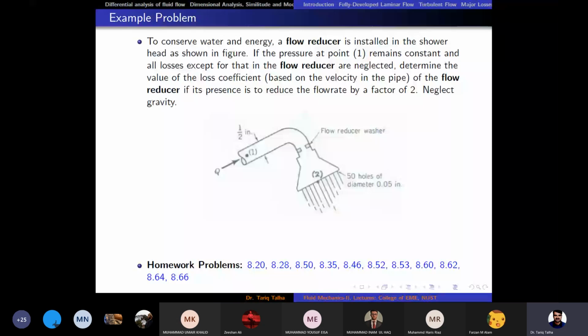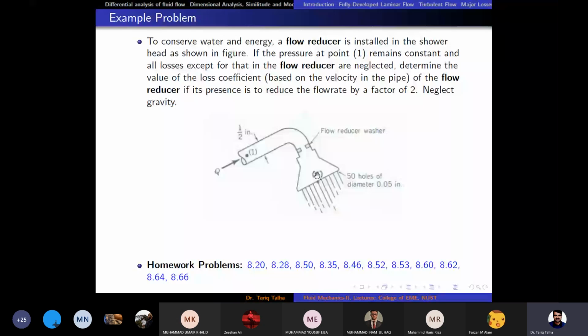Because here they have given the comparison with the situation when there is no flow reducer, first of all we would write the equation for the case when we have got no flow reducer. And second thing, because they haven't mentioned what the elevation difference is, we would take that Z1 is equal to Z2.